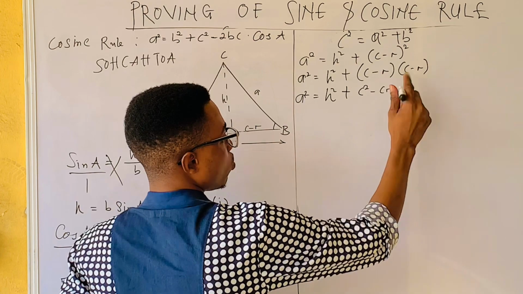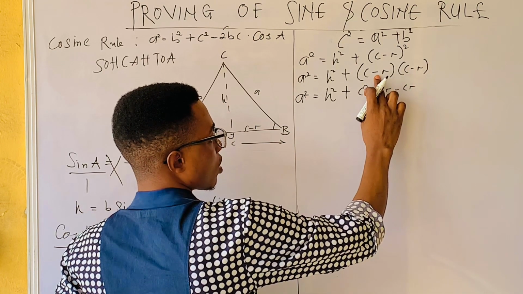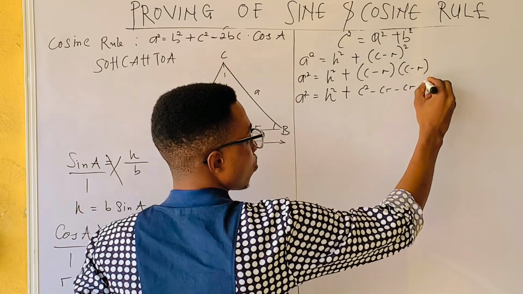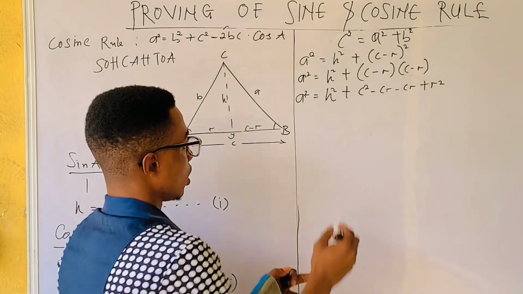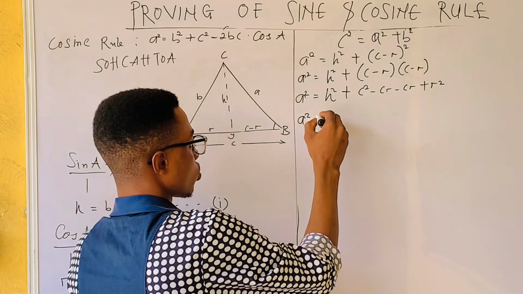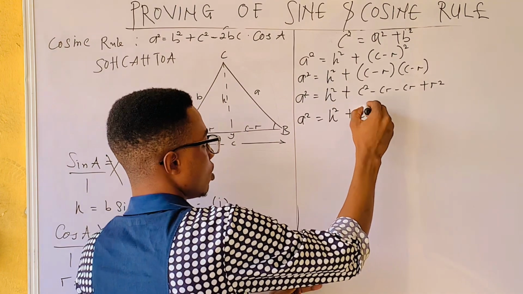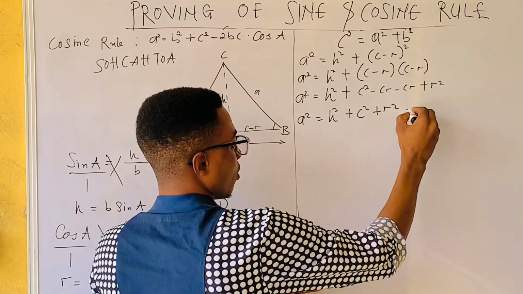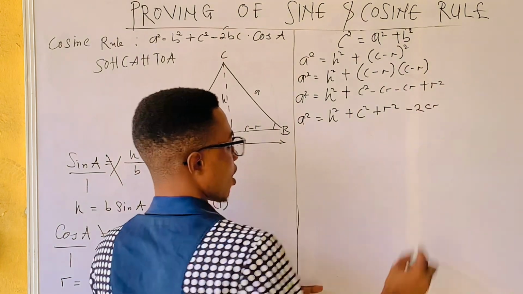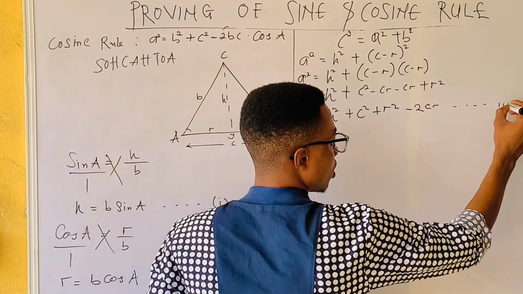This multiplied by this will give us minus cr. Minus r multiplied by minus r will give us plus r squared. Now we have a squared equals h squared plus c squared plus r squared minus 2cr. Let's denote this as equation 3.